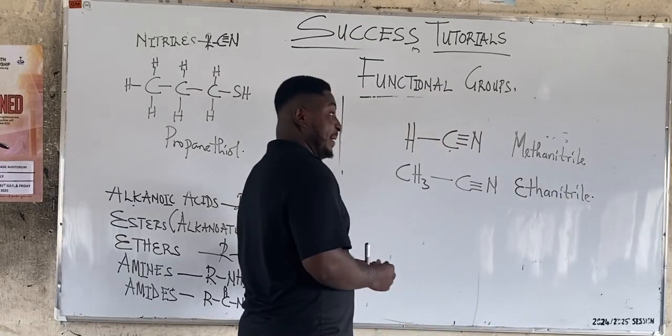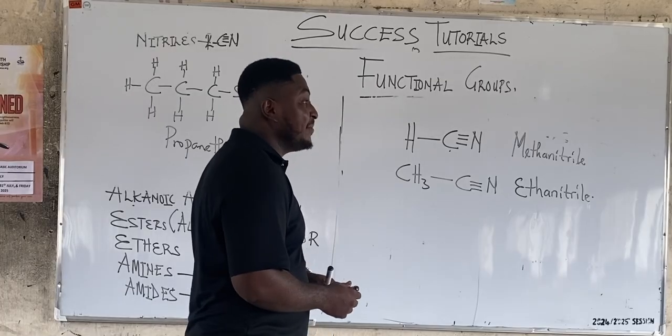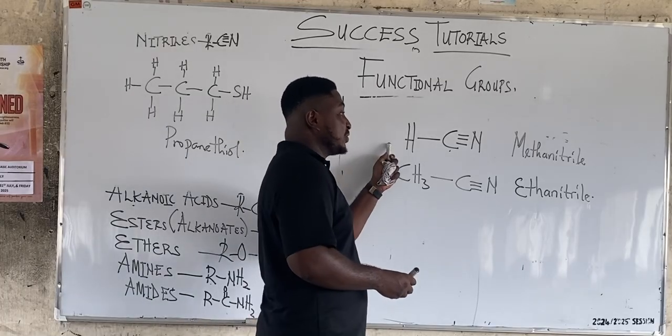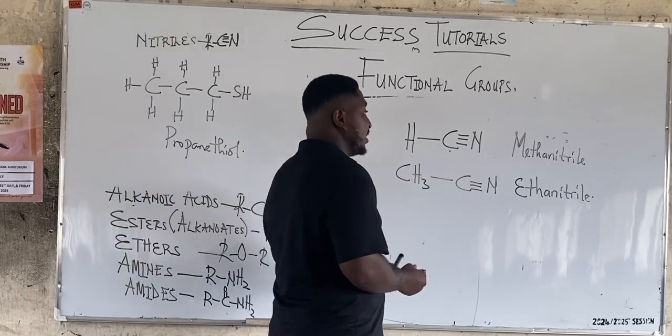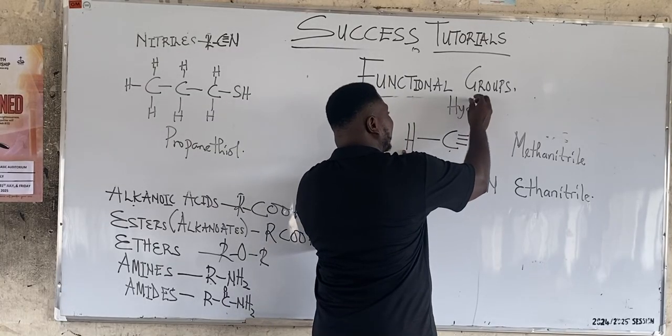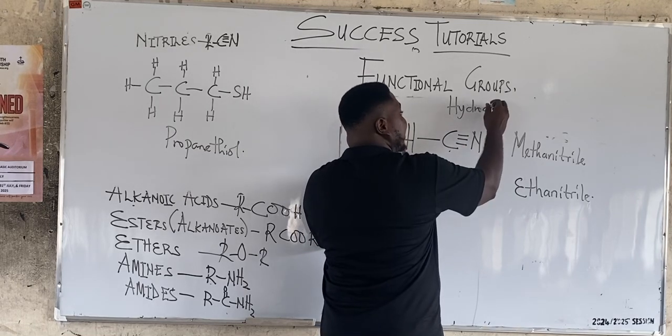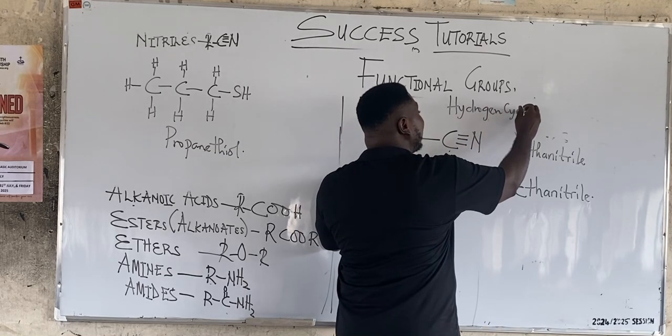But this is not actually the only way of naming nitriles. Class, nitriles could also be named as the group that's attached to it, and this as a cyanide. For example, this hydrogen, I could have called this hydrogen cyanide, because C triple bond N is a cyanide. Another way of naming it.